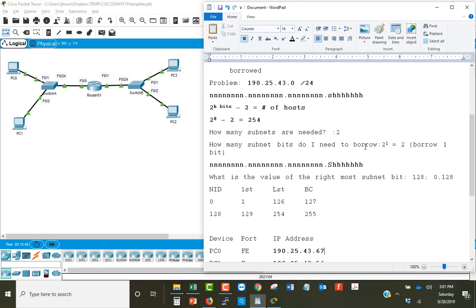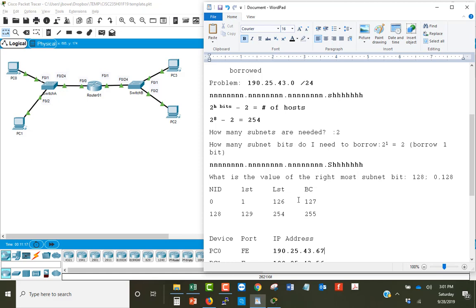On my first device, PC0, on the far left-hand side, I'm allocating an address out of the first block, and just to show you that there's no right or wrong way in which you apply your IP addresses, I'm selecting address 67, and you'll notice that's between 1 and 126.